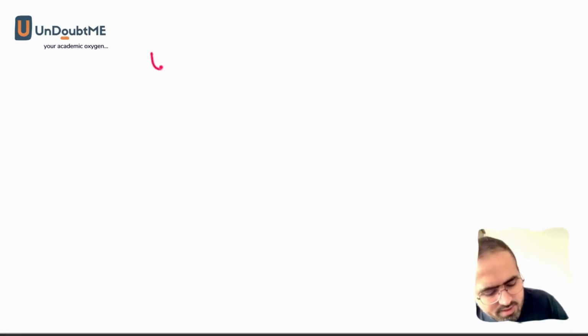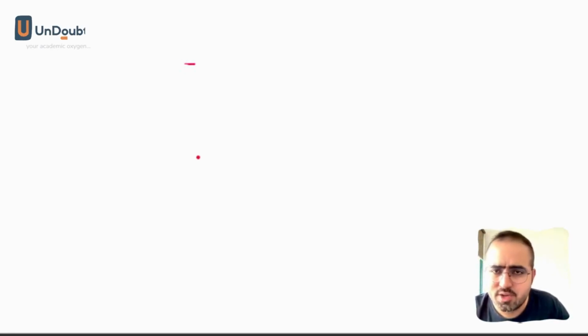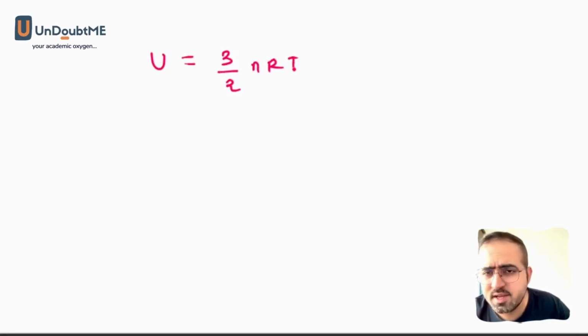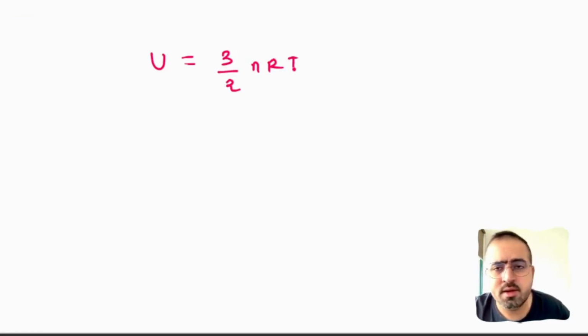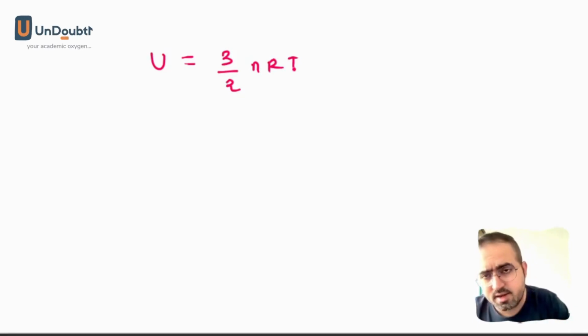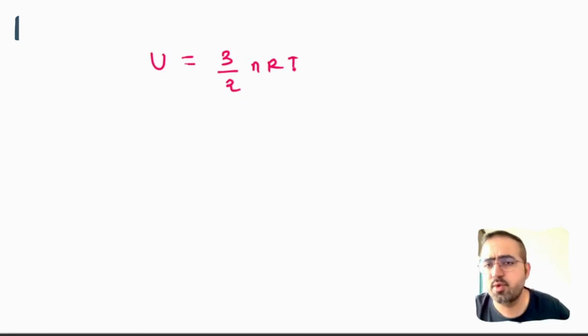But when we have to consider internal energy, which is given by U, it is given as 3 by 2 nRT. They both are energy, so please don't get confused. When we say average kinetic energy, it is basically for 1 mole or 1 molecule. That's why the mole was not considered there. So this is the fundamental difference between average kinetic energy and internal energy. They look similar, but they are not. So try to understand the difference between both of them.